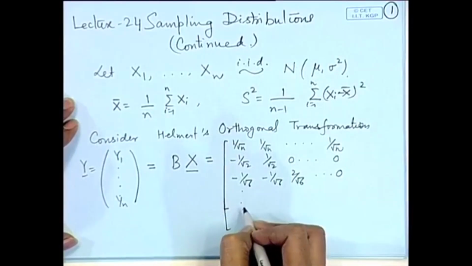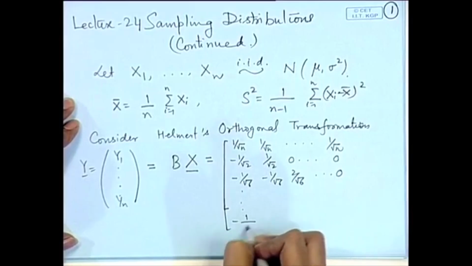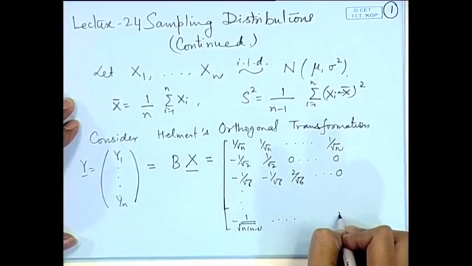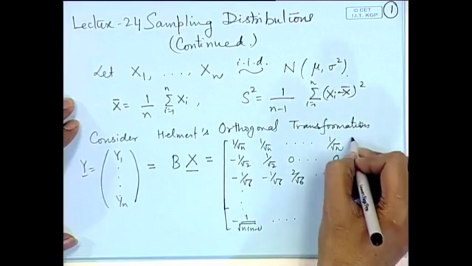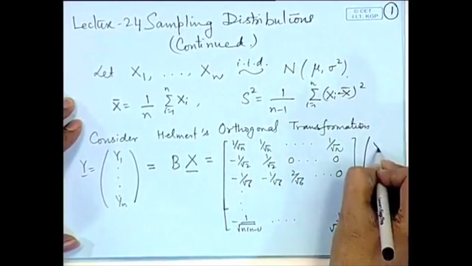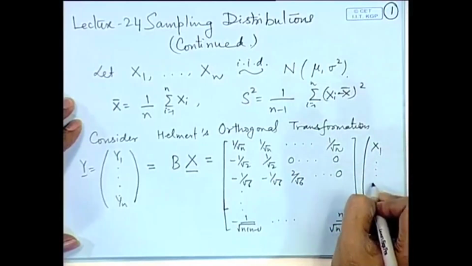Likewise, if we continue, in the last row we have minus 1 by square root of n into n minus 1, and so on. Finally, the last term is n minus 1 by root n into n minus 1, multiplied by x1, x2, ..., xn.